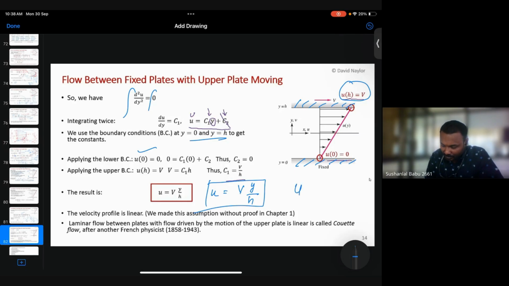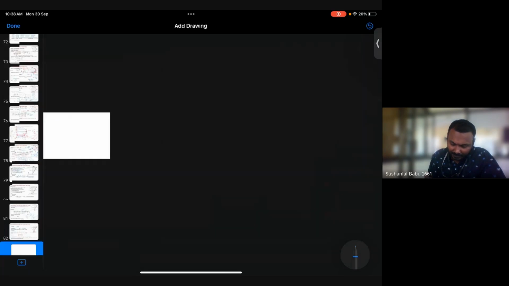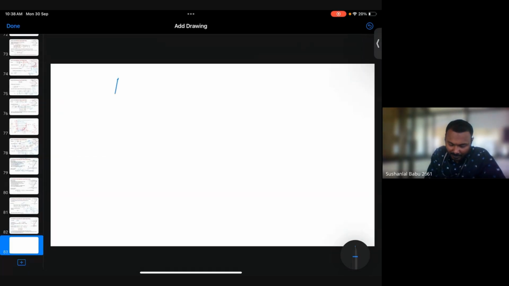See, u is proportional to y. That means the profile is linear, a straight line, same slope everywhere. So this is the major difference. First, Poiseuille flow is pressure driven, and the velocity profile is parabolic.